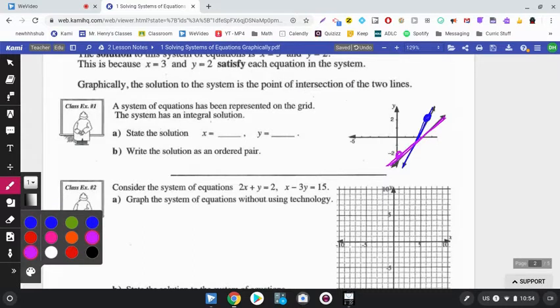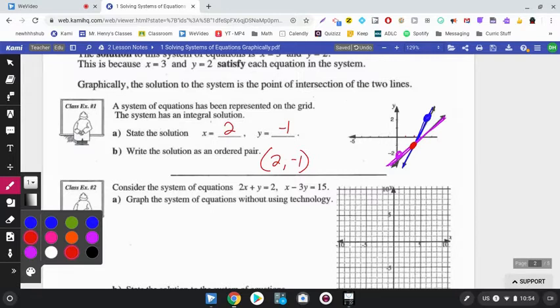It satisfies the purple equation, not the blue one. The one I'm looking for is right here, the point of intersection, where x would be 2, y would equal -1, as an ordered pair (2, -1). That is what it means to satisfy both equations: the point lines up on both lines.